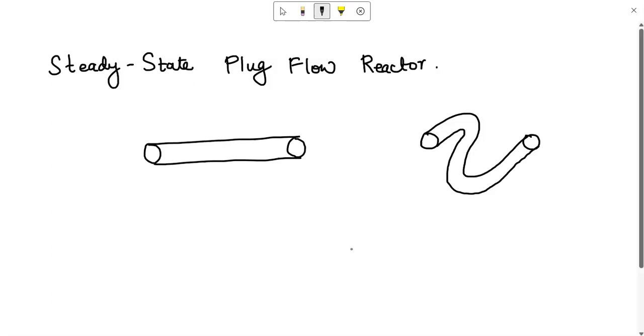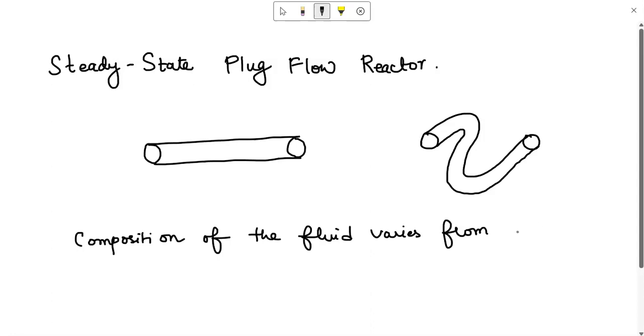In a plug flow, the most important thing to note is that the composition of the fluid, and by fluid I mean the reacting fluid, varies from one point to another.